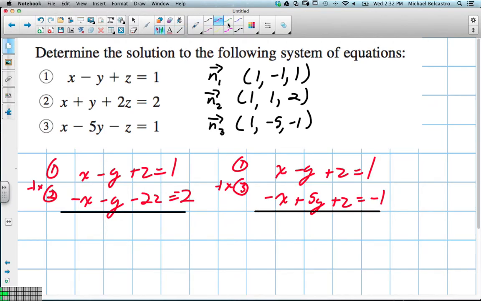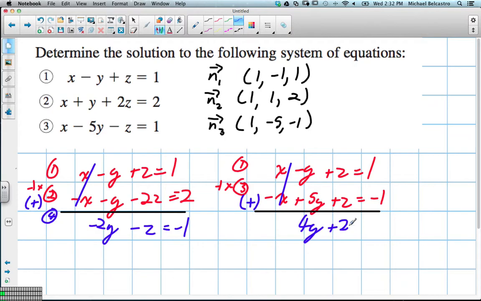We'll find equations 4 and 5 here. In equation 4, these eliminate when we add. These become -2y, these become -z, -1. In equation 5, these eliminate when we add. This becomes 4y, positive 2z and 0.